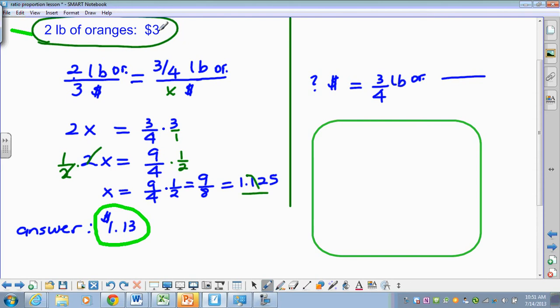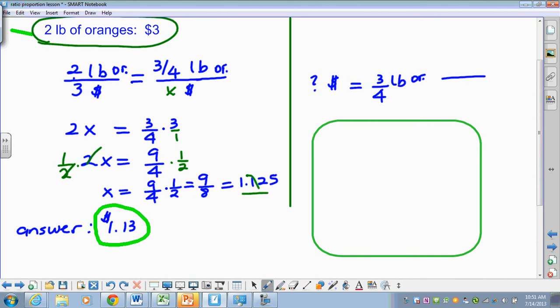Now use that and decide where you would place the 2 pounds and where you would place the $3. If you're trying to cancel out the pounds units, and to be left with the dollars units, the dollar figure should be on the top, and the pounds value should be on the bottom.